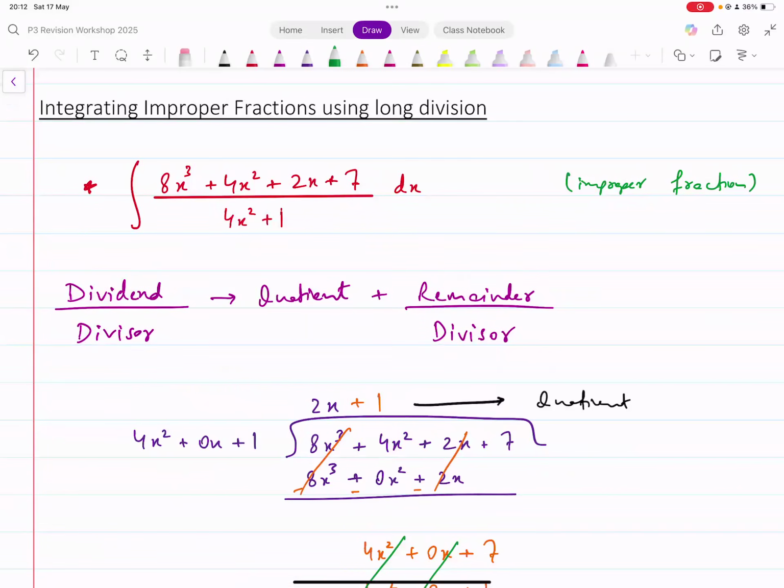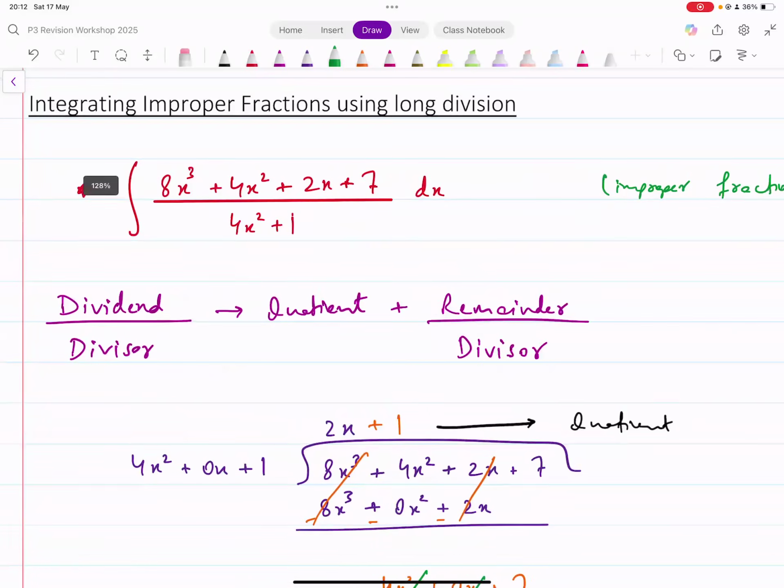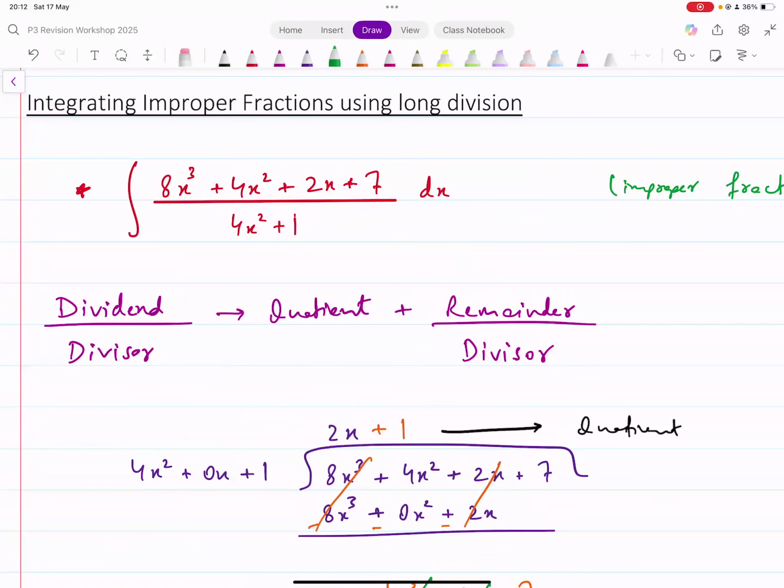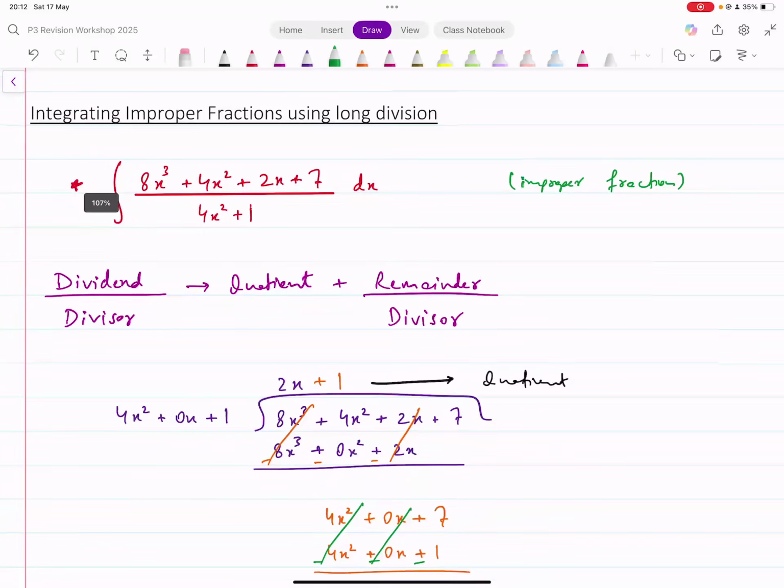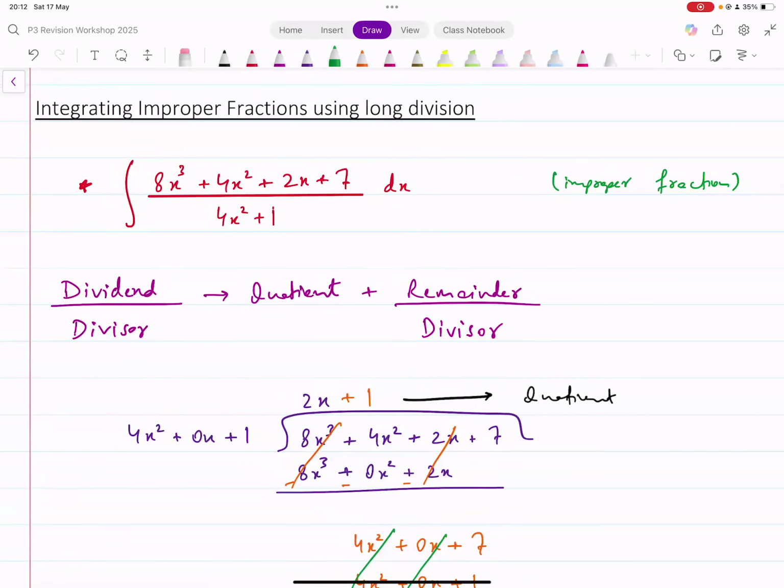Improper fractions. How do you integrate improper fractions? Improper fractions in this case would be when the degree of the numerator is greater than or equal to the degree of the denominator, right? When the numerator's degree is greater than or equal to the denominator's degree. For example, in this case, this is an improper fraction. For improper fractions, the process for integrating is this: we break them into two parts, quotient plus remainder over divisor.